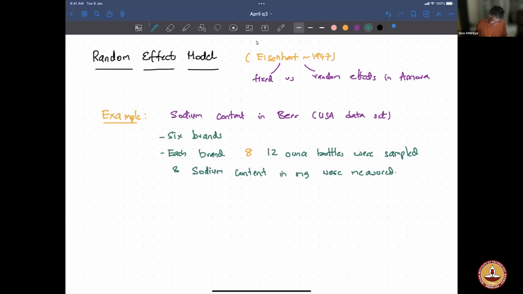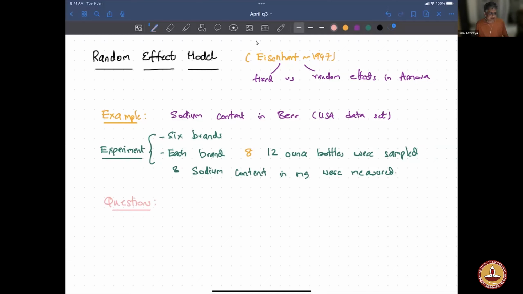So let me write down the key questions of interest. This is what was done, for lack of a better word, an experiment. Let's mark down the key questions that one tries to understand from this experiment.